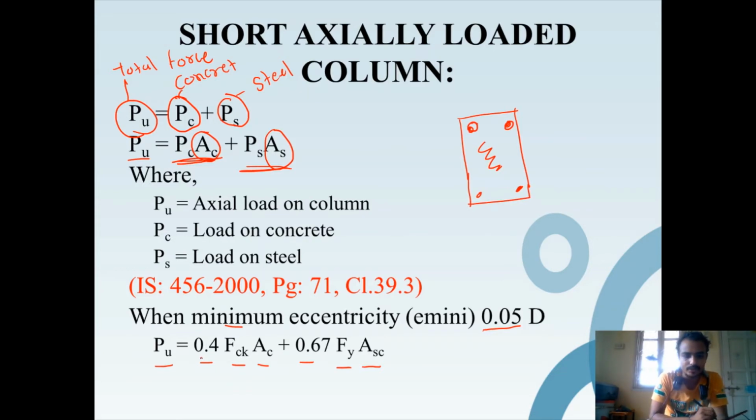So Pu is equal to 0.4 fck Ac plus 0.67 fy Asc. Remember this equation; we can find it in IS 456:2000, page number 71, clause number 39.3.